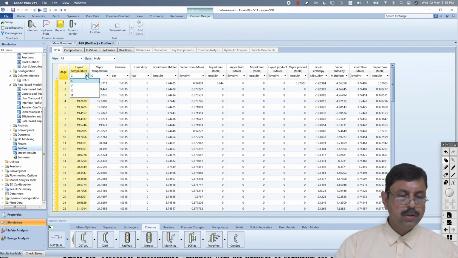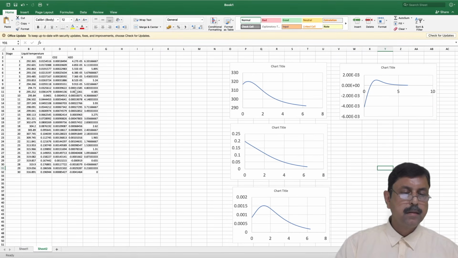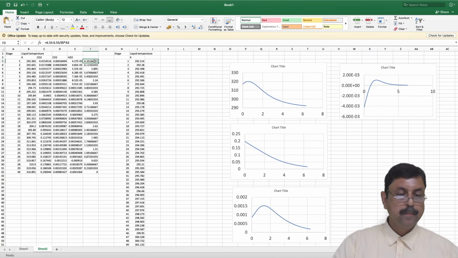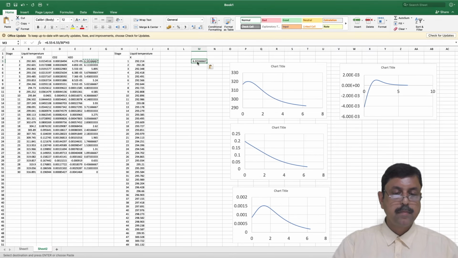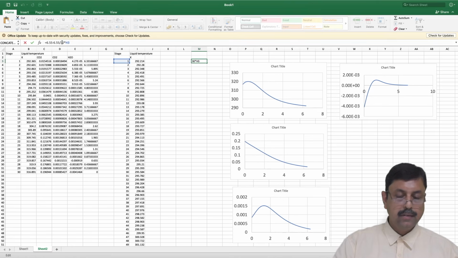Change it from centigrade to Kelvin. Copy. Place it over here. So instead of 30, we'll say 90 because we have 90 stages. All others will remain same.